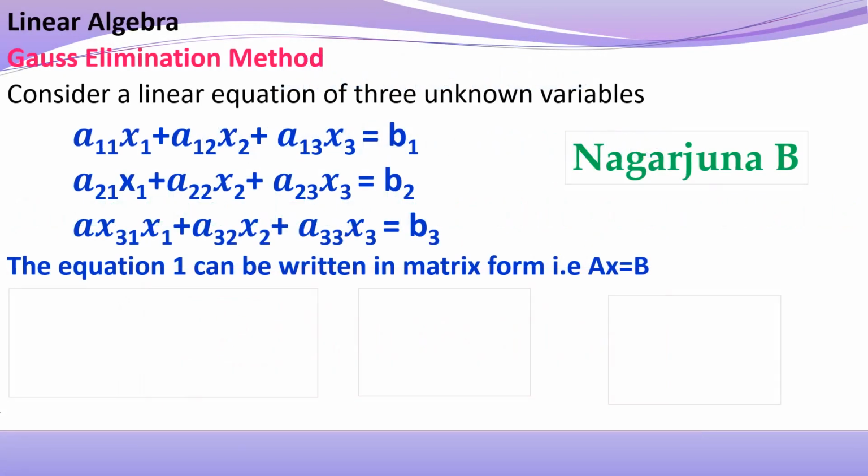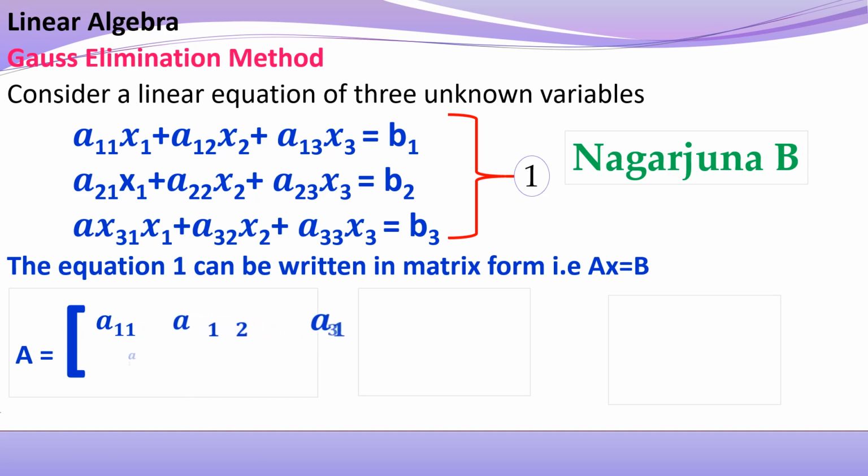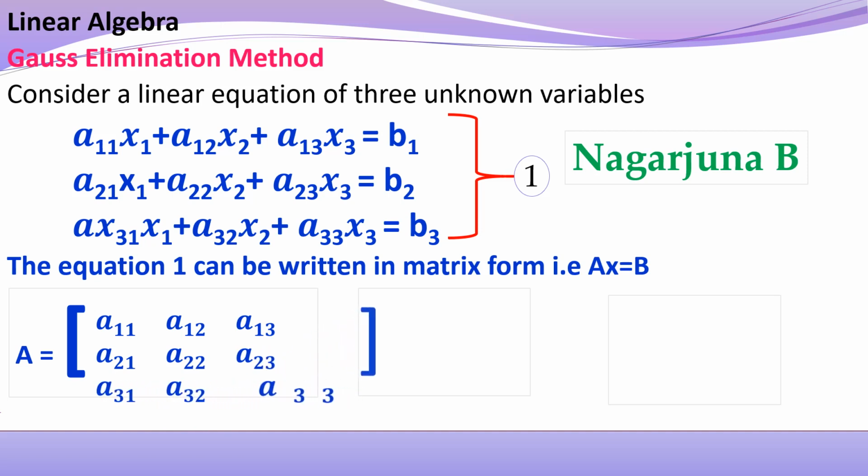The procedure of the Gauss elimination method to solve a system of linear equations is: consider linear equations of three unknown variables. a11x1 plus a12x2 plus a13x3 equal to b1.